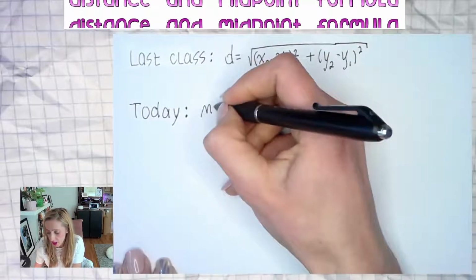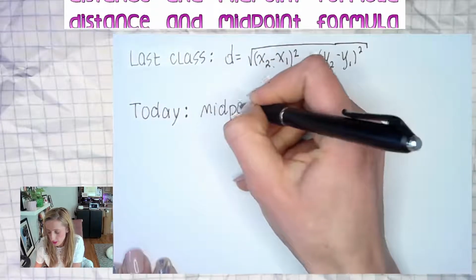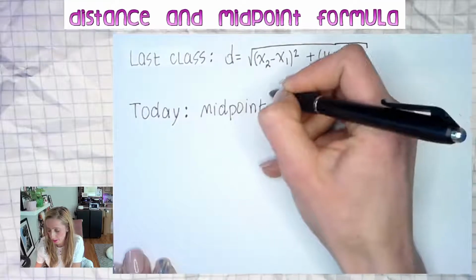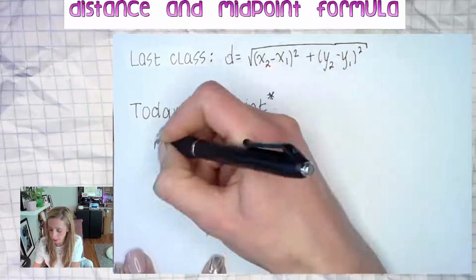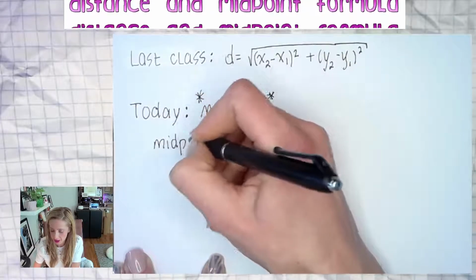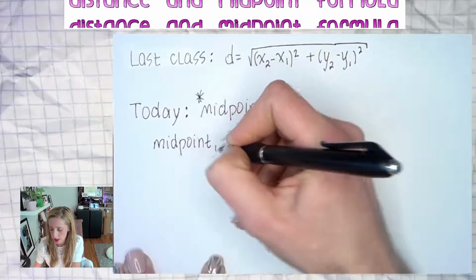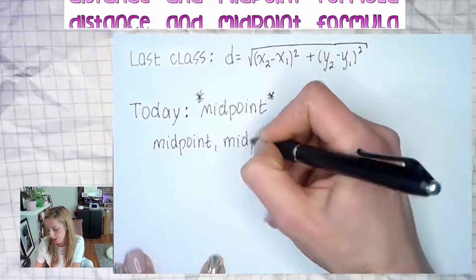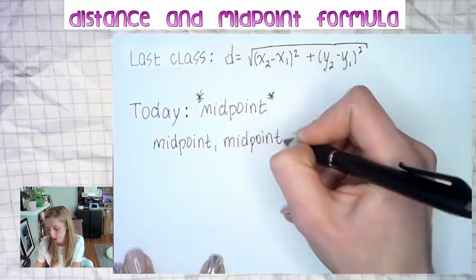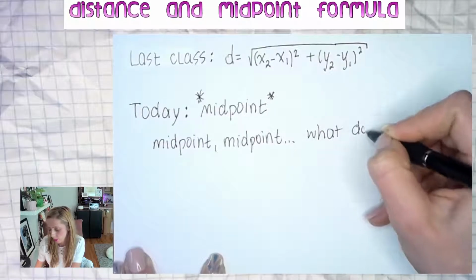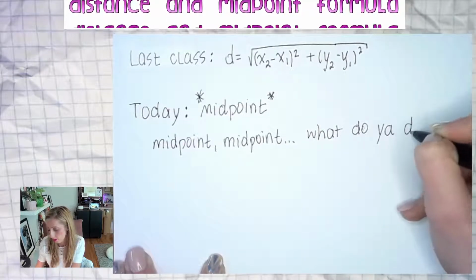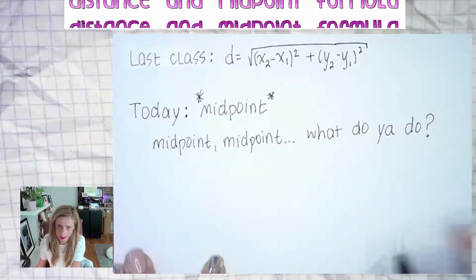But today, we're doing midpoint. Midpoint isn't so bad. We're going to do a little rhyme so we remember. You're going to write it down and you're going to say it out loud to yourself. Midpoint, midpoint, what do you do? So you're going to ask yourself that question.